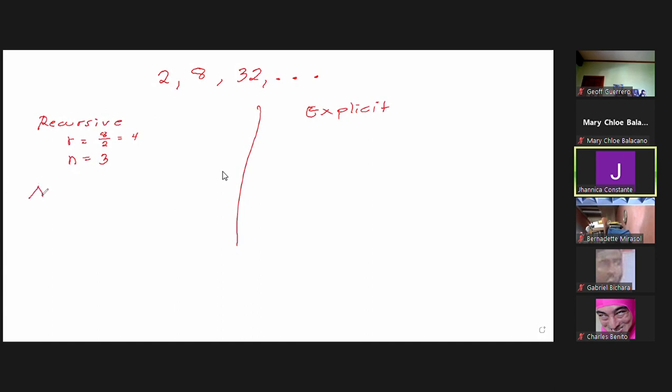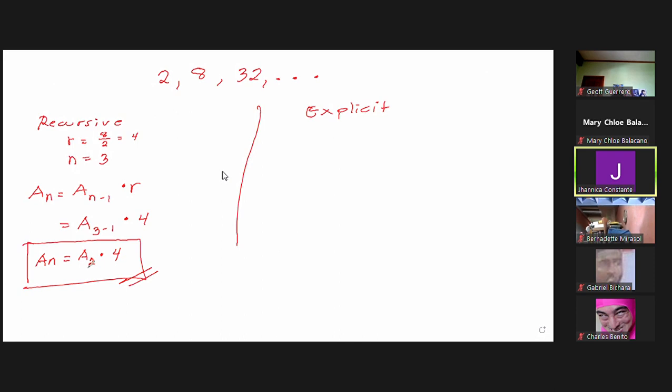So our recursive is an equals to a sub n minus 1 times the common ratio. So n is equal to 3 minus 1 times the common ratio, which is 4. So we have an equals to a sub 2 times 4. So that is our recursive formula.